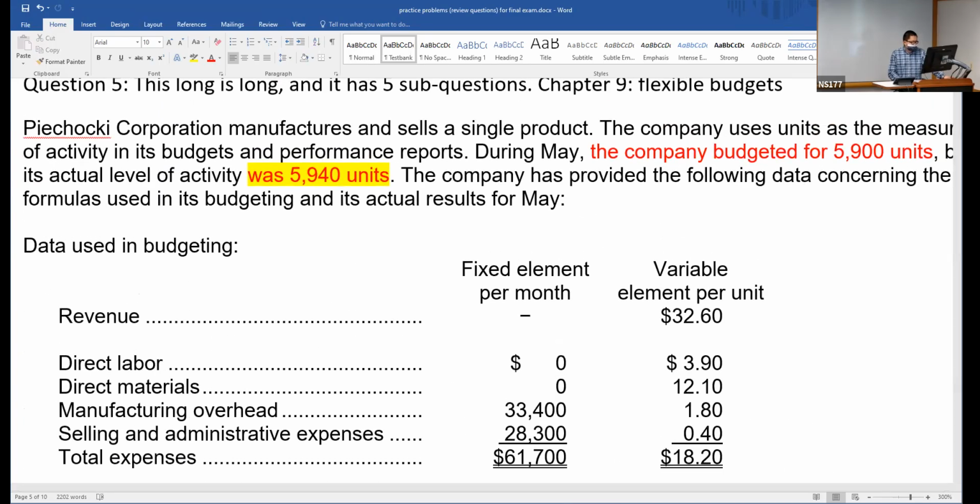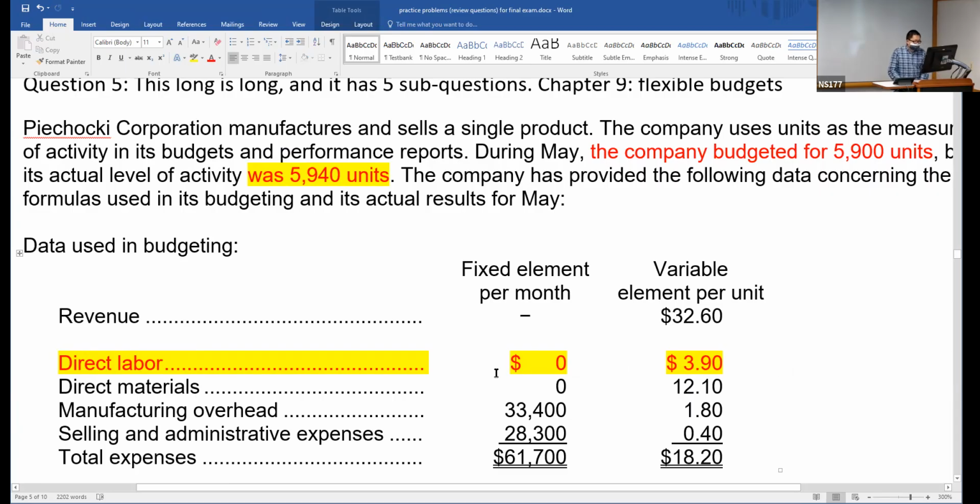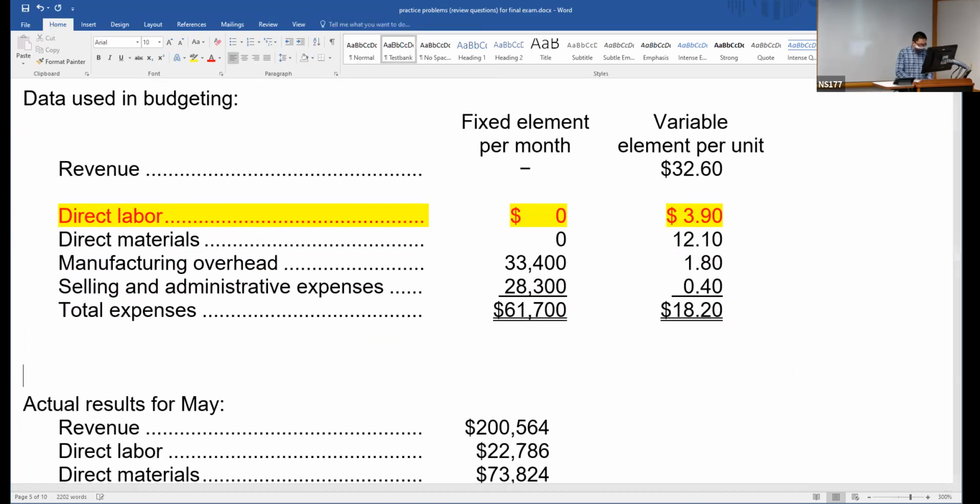For direct labor, we have a function right here. The fixed labor cost is 0, while the variable element per unit of direct labor is 3.9. So this is the function we have. All the functions are linear: the cost equals the fixed component plus the variable component.